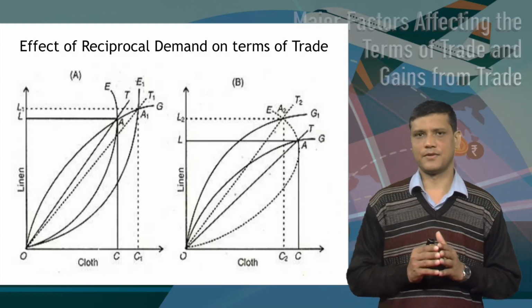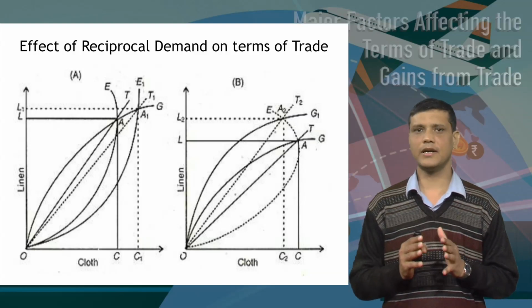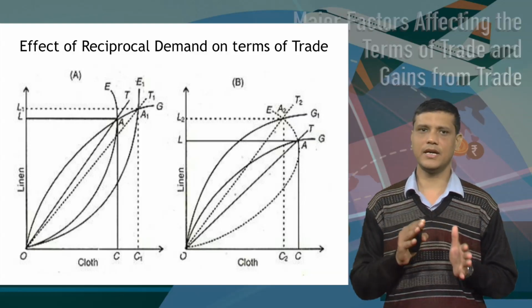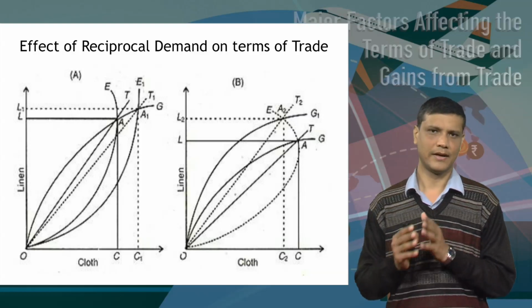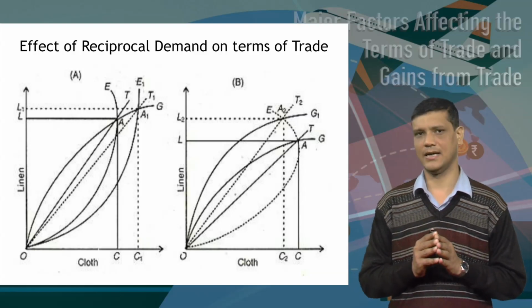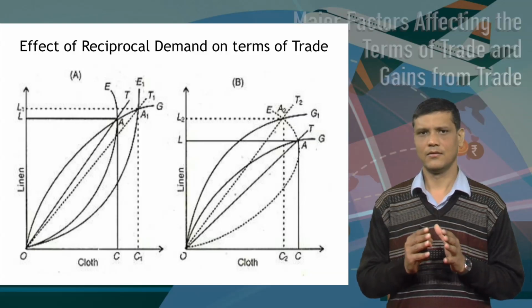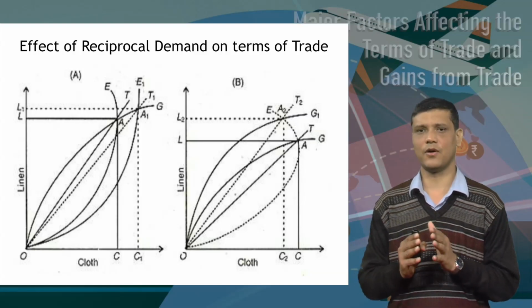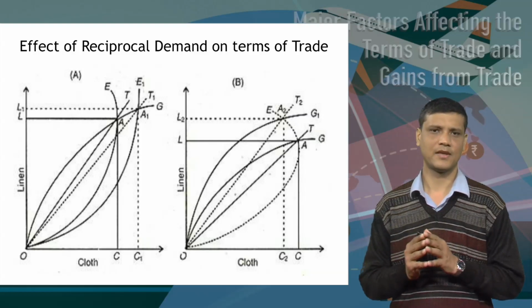The new terms of trade, as shown by the slope of ray OT2, indicate that they have deteriorated for Germany and improved for England. This is evident from the fact that Germany exports LL more linen in exchange for C2 less cloths.